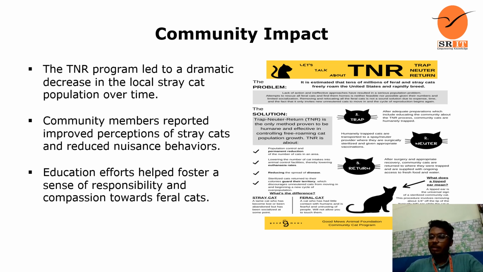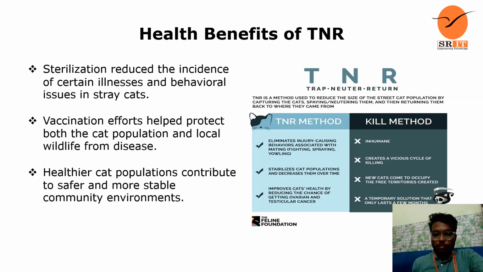So by this implementation of TNR, that is trap neuter return policy, we have dramatically reduced the population of these stray cats, and we have also controlled the ferocious behavior of these cats as well. So this is the community impact overall towards the cats by the neighborhoods of urban areas.